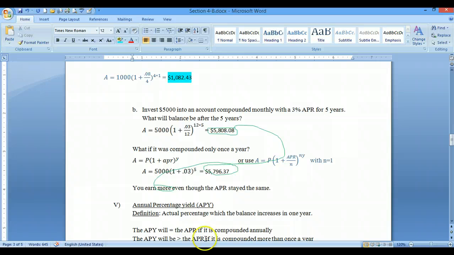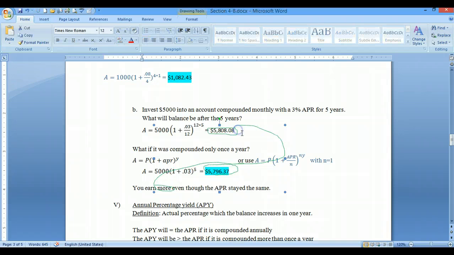Let's go check. Yep, there we go. I've already copied and pasted it in here. You can go ahead and use the annual compounding. That's fine. However, I'd really only like to memorize this equation. And so it still gave us the same answer.